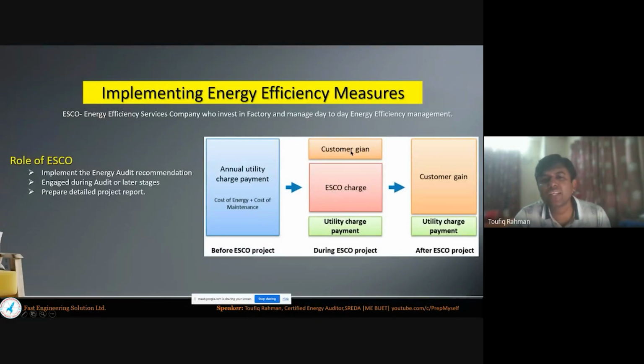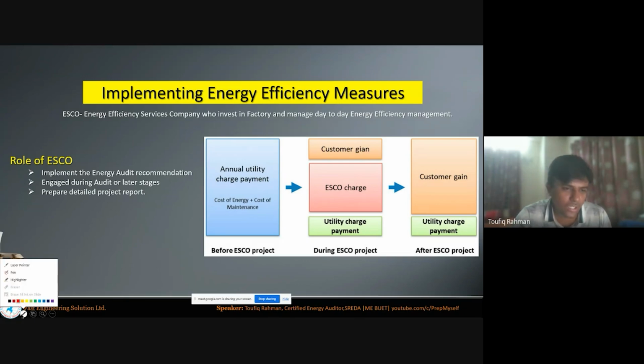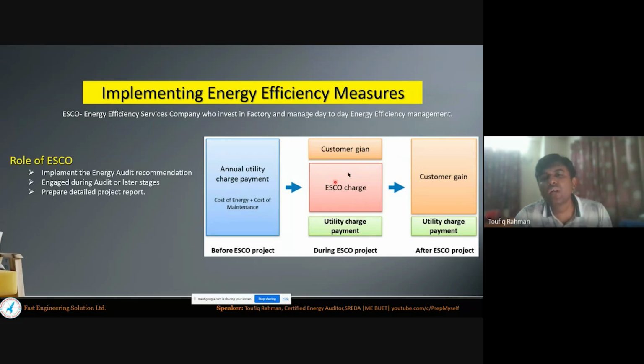So the customer gains this amount, the ESCO charges this amount, and there is the utility charge payment. Firstly, the largest portion is the utility charge. Right now, the utility charge is like that, the ESCO charge is this, and the customer or the company gains this. After the ESCO contract ends, you see that the customer gain is like this, and it is the utility payment, I mean the energy payment.